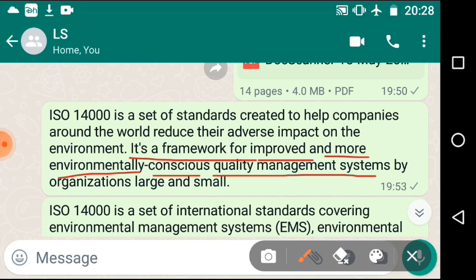That means we will set up the company, just like EIA, environmental impact assessment, I have said that they go through these things. But here ISO 14000 is a set of rules that has to be followed, and at the same time you will achieve your goal. What is your goal or demand to set up that organization, whether large or small.